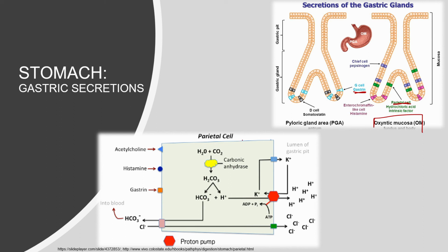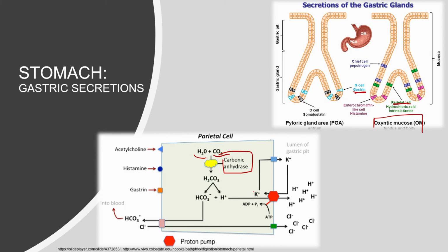CO2 formed during metabolism combines under the influence of carbonic anhydrase with water, and it forms bicarbonate and H+ ions. Sodium ions are actively transported out of the lumen as a response.